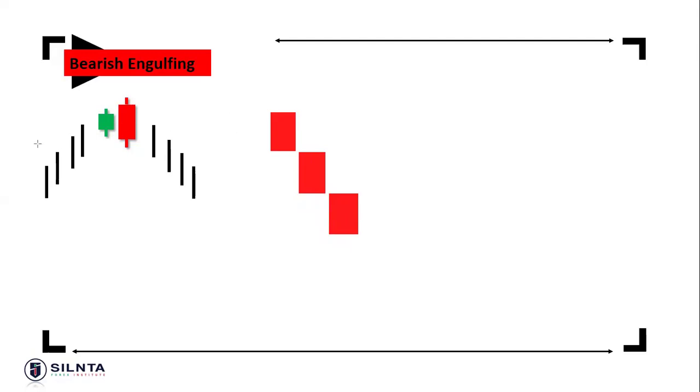Maybe this is an hour: the first hour, the second hour, the third hour. And then the fourth hour, you get a very aggressive, very powerful candle, and it moves like this. What took 3 candles to drop, it only takes 1 candle to occupy all that distance.